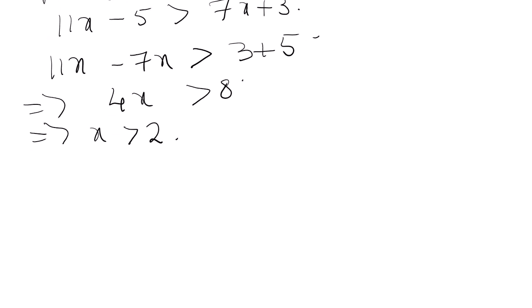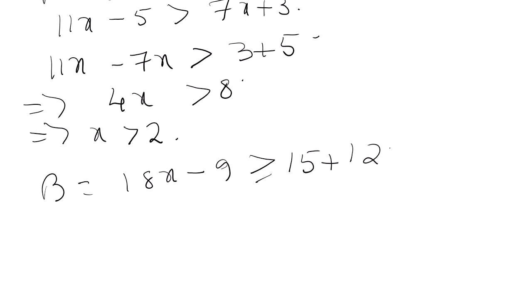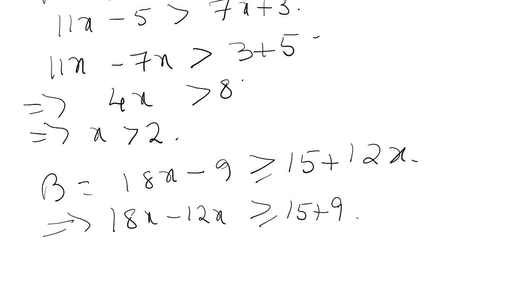Now you consider B. B is 18x minus 9 is greater than or equal to 15 plus 12x. Instead of giving the two in one combined equation, they have given us set A and set B. So this implies 18x minus 12x is greater than or equal to 15 plus 9.